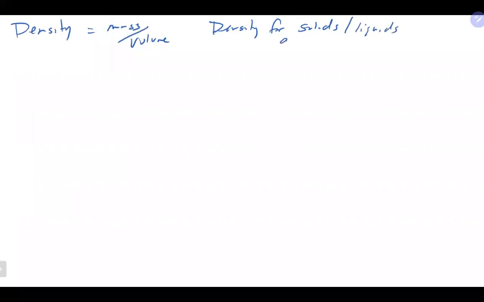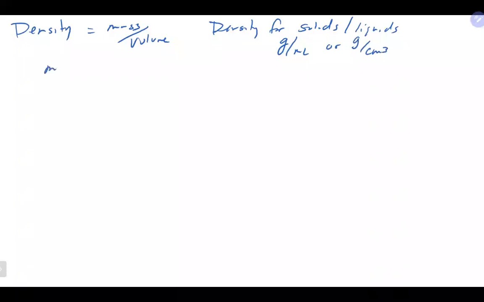Now, we also talked about density there in that chapter, I think, as well. Density, right, is mass divided by volume, and common units of density for solids and liquids typically have grams per milliliter or grams per cubic centimeter.